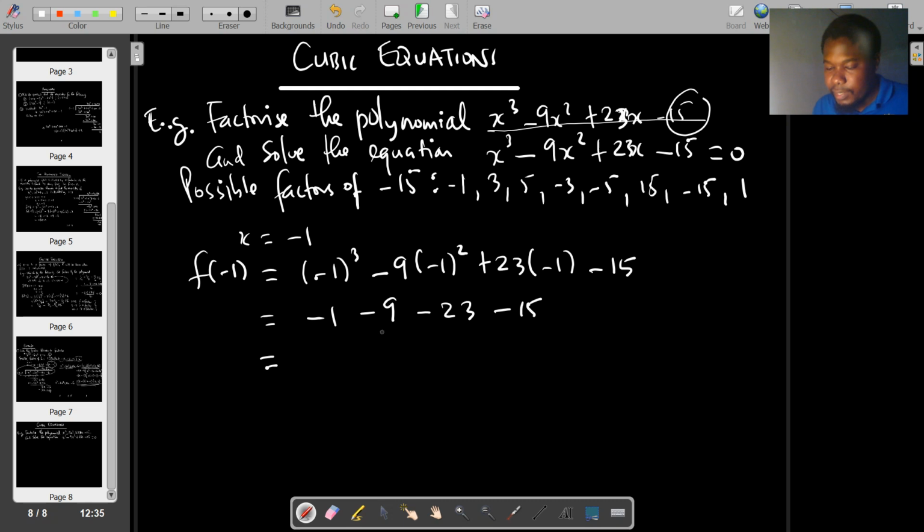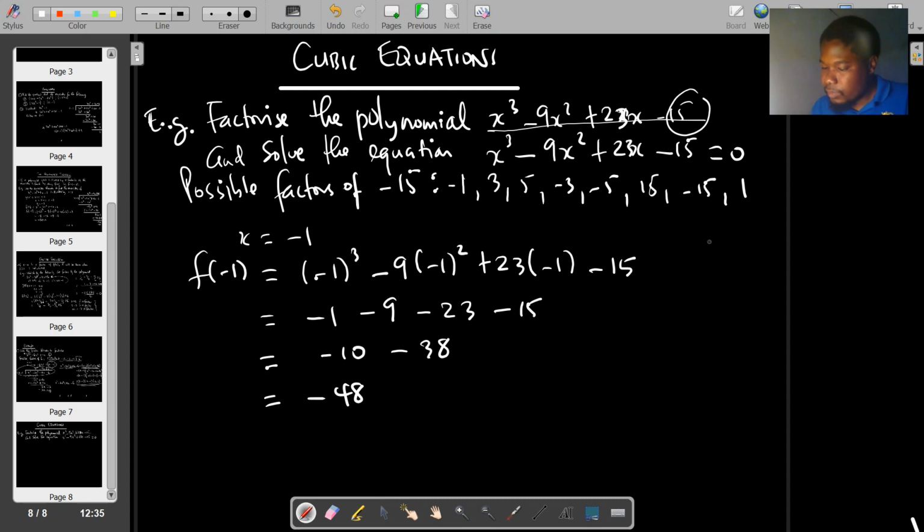Here it gives us minus 10, and then minus 23 gives us what? Okay, so minus 10, this is minus 38. Okay, that gives us minus 48. This is not a factor.